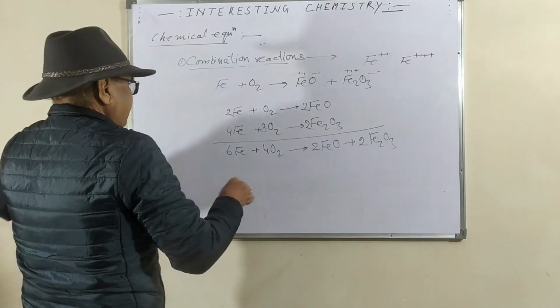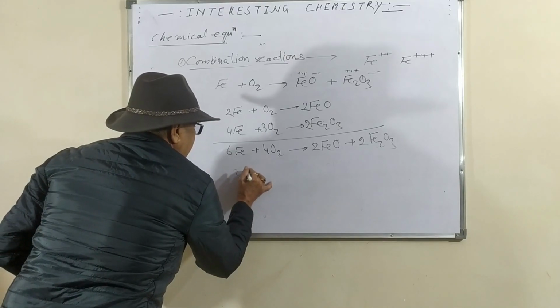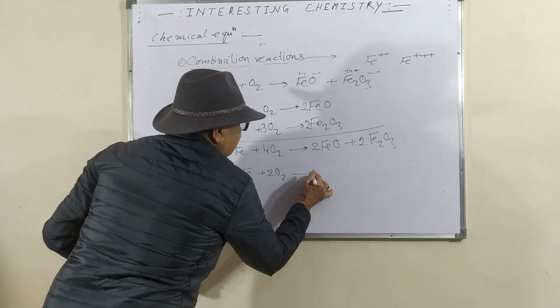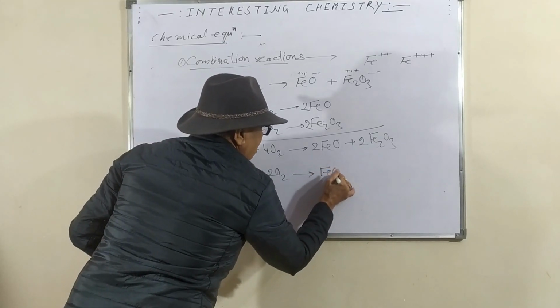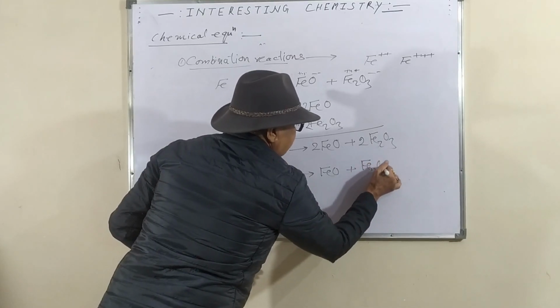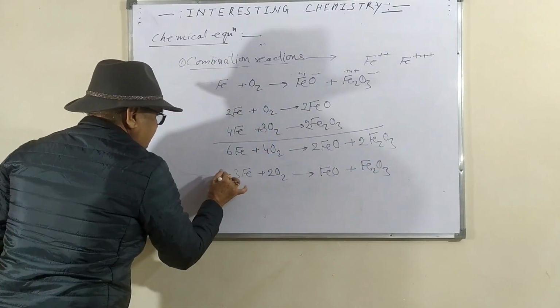So you can write 3Fe plus 2O2 is equal to FeO plus Fe2O3. So the balanced equation is this one.